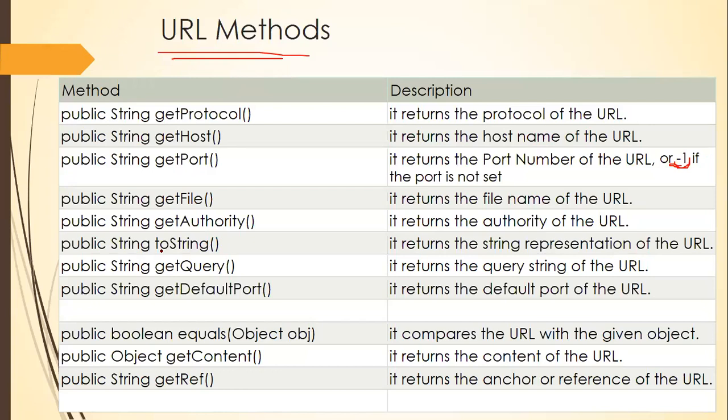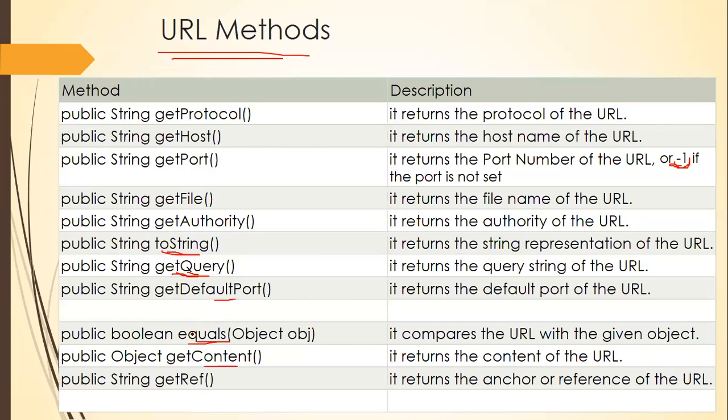Now, if you want to convert it to a string, you have a method called toString. If you want to find out the query in that particular web page, you will have a method called getQuery. If you want to know the default port number, you have getDefaultPort. To compare URLs, you have a method called equals.